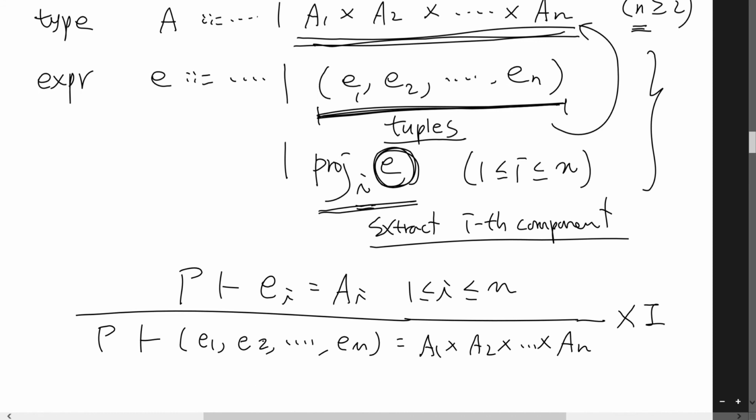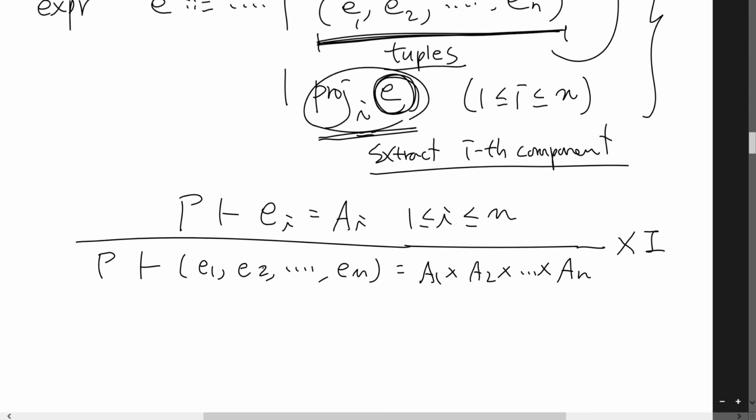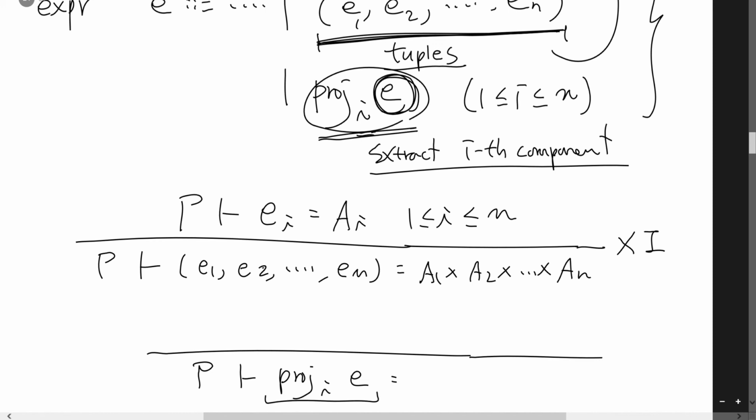And it's also easy to define the typing rule for this projection. So what is the type of this projection i of expression E? In order for this expression to have a valid type, expression E must have a valid product type A1 times A2 times up to An.